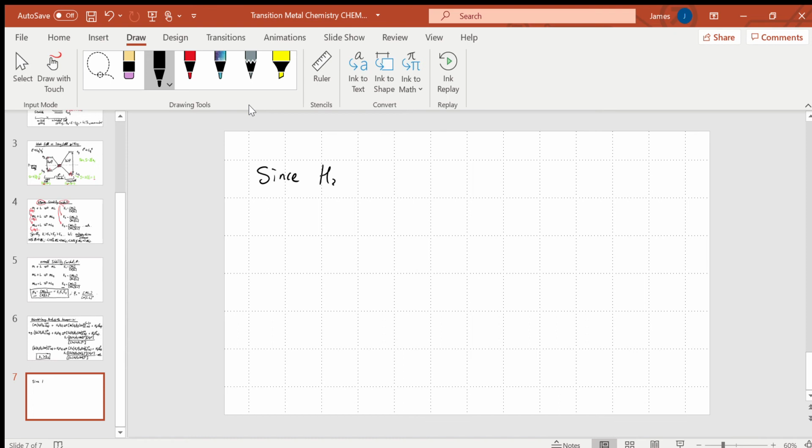Since hydronium is produced, we could definitely favor the forward reaction with higher pH.